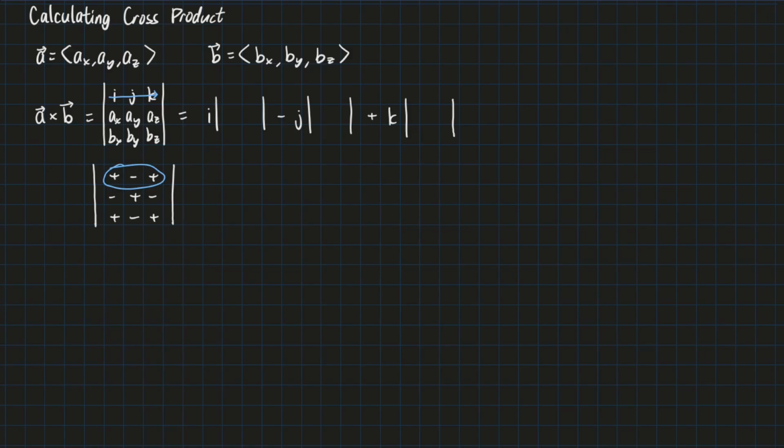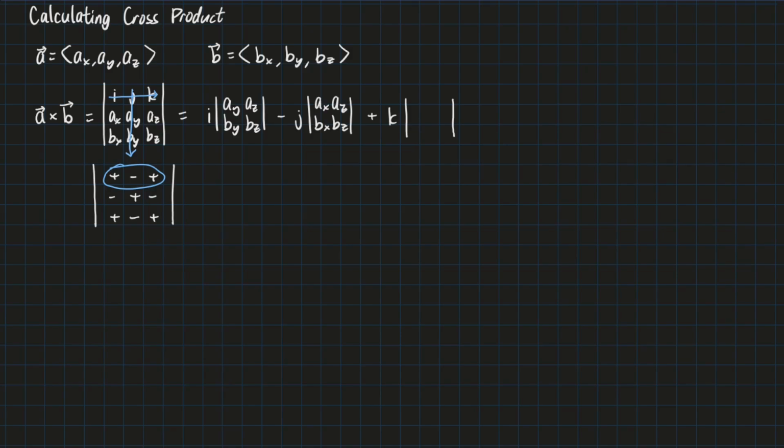So now we can start the process. We're starting with i. We cross out this column, and then we have AY, AZ, BY, and BZ. After we're finished with i, we go to j. Crossing the middle column out, we have AX, AZ, BX, and BZ.